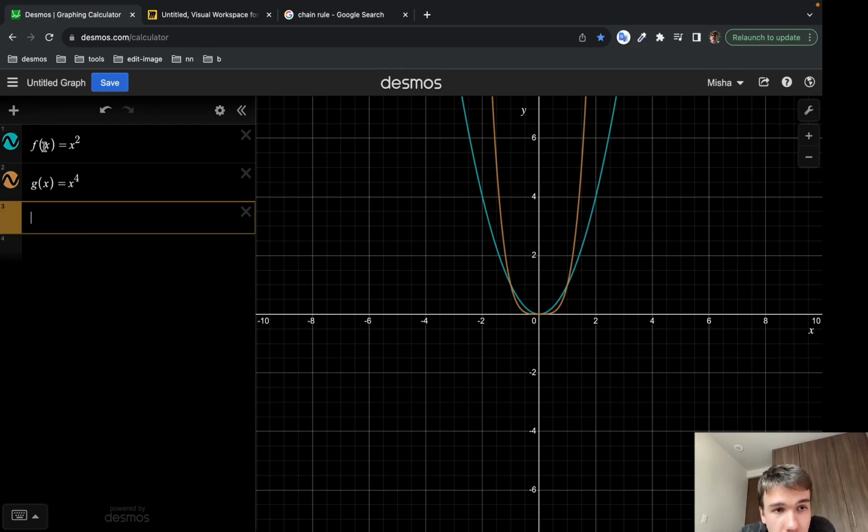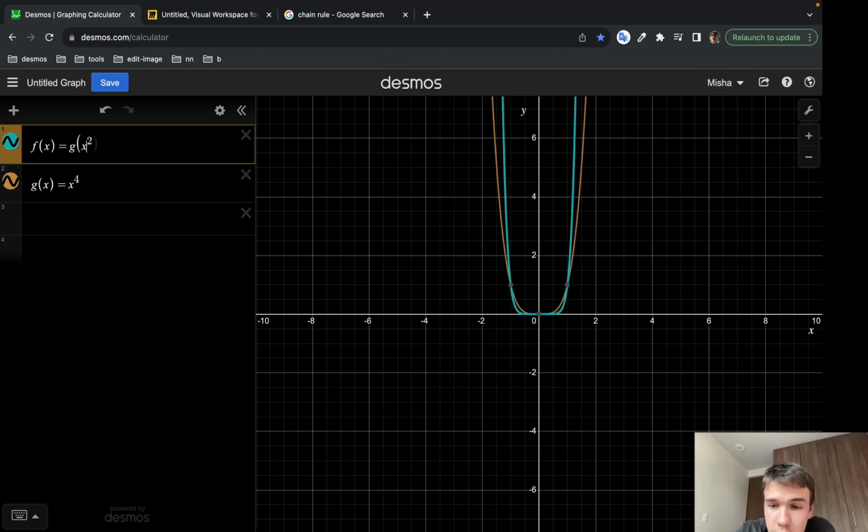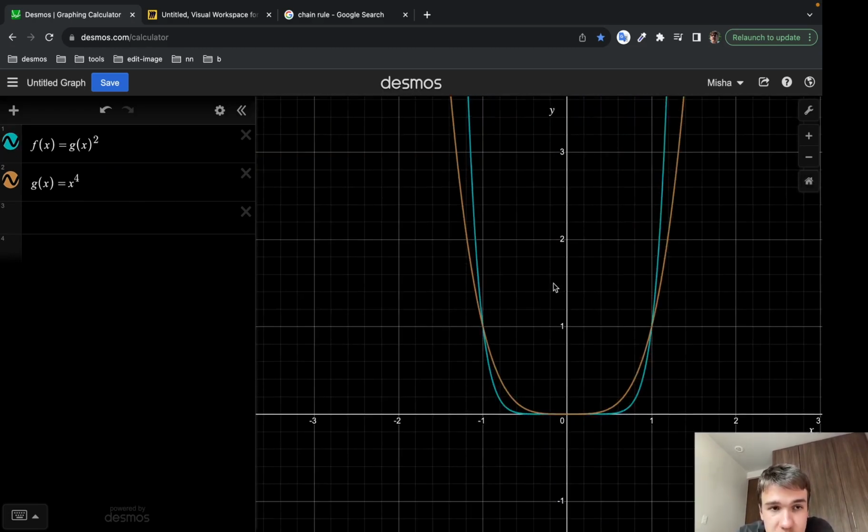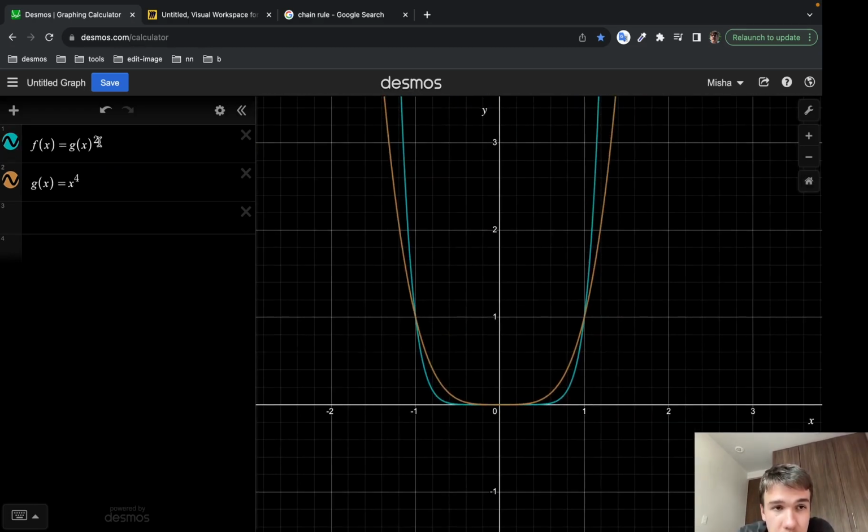So I'm going to take this function and put it inside the function f of x. So how can I do this? This is the question, and the way to do this is to say g of x. Okay, so now what it says is this: f of x is equal to this function, and then x goes into this function.